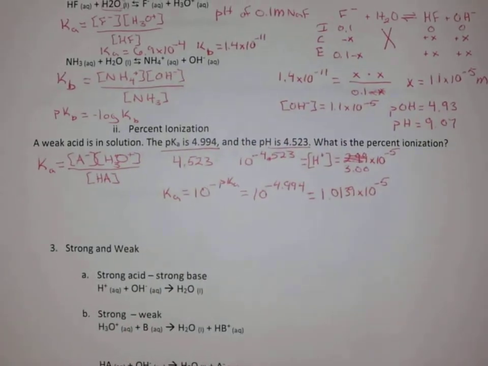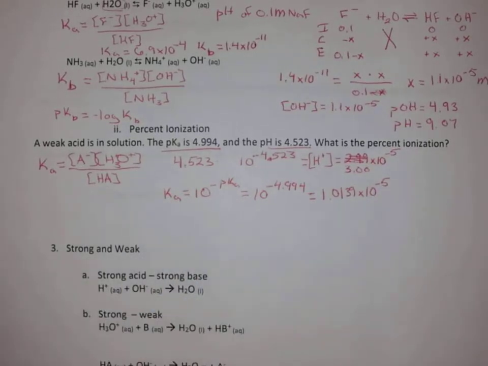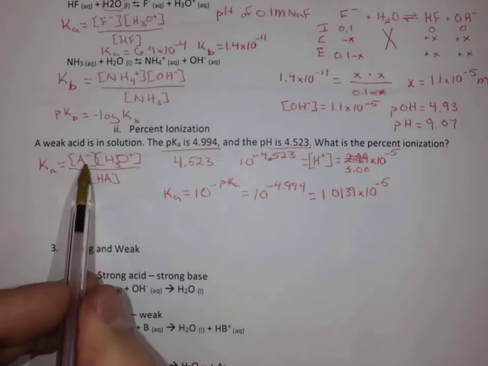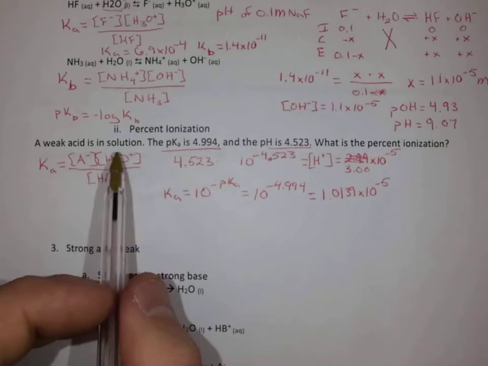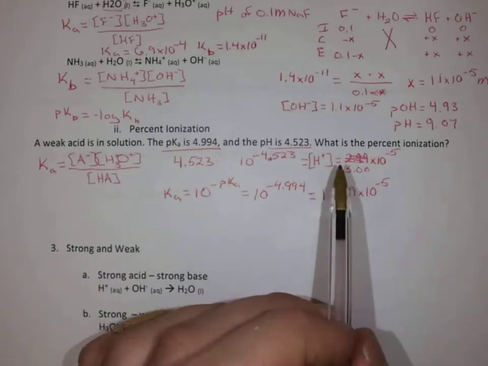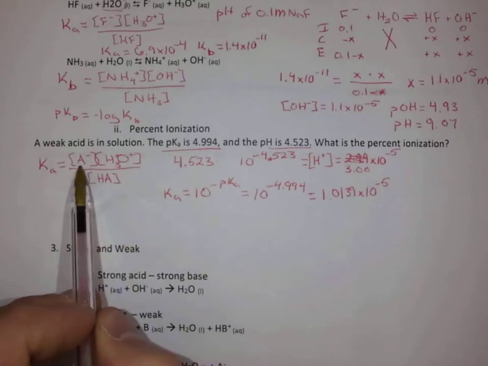Okay? So now the last piece here is that if we have an acid, HA, it's going to split up into A minus and H plus. I know my H plus concentration. It is a 1-to-1 relationship between my H plus and my A minus.